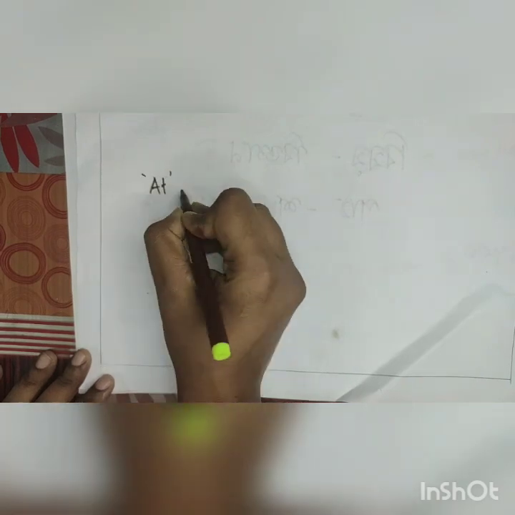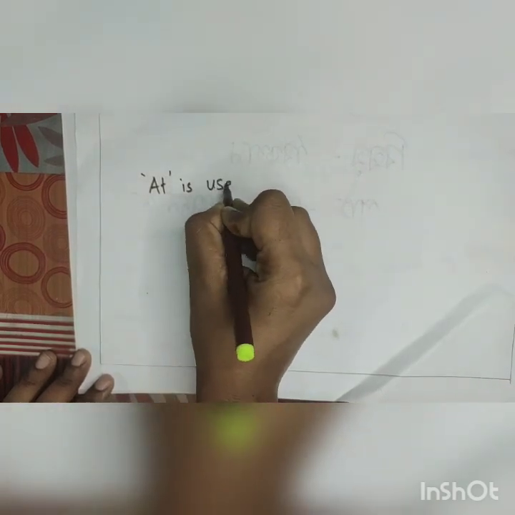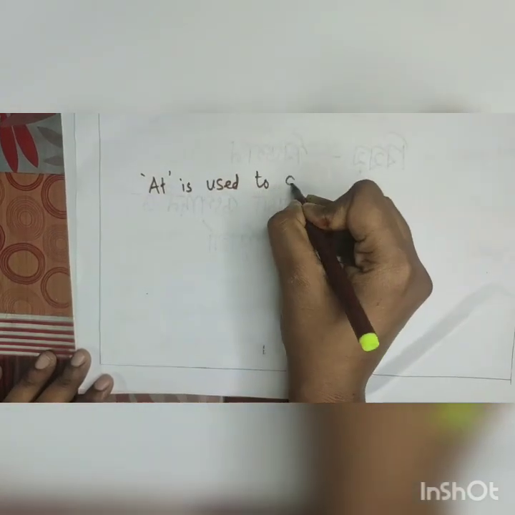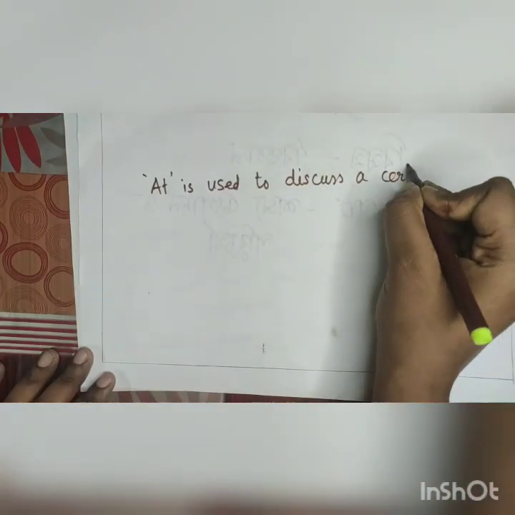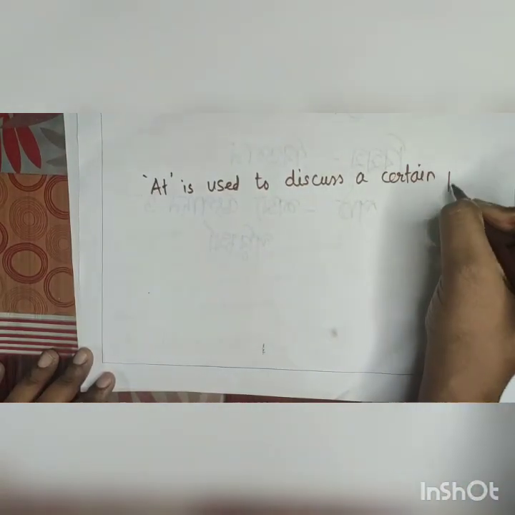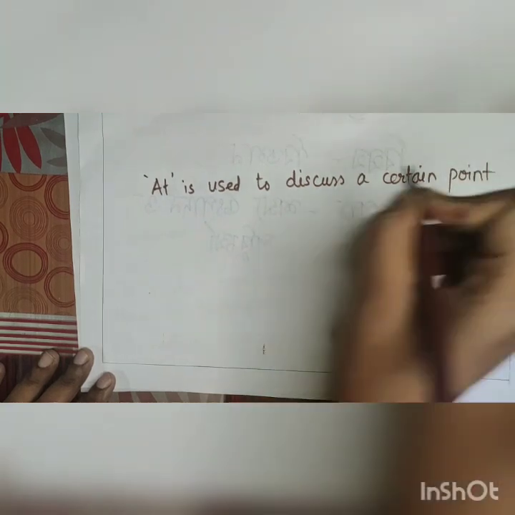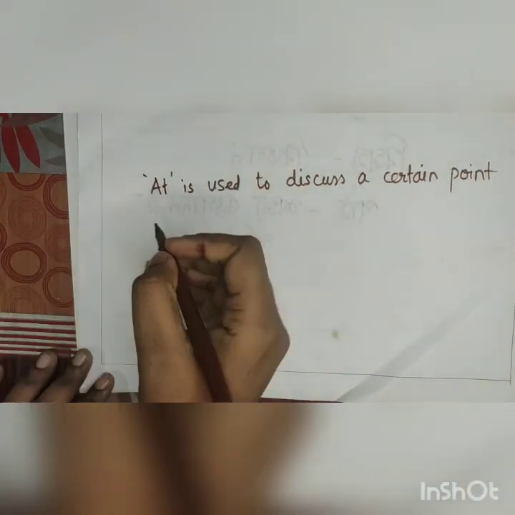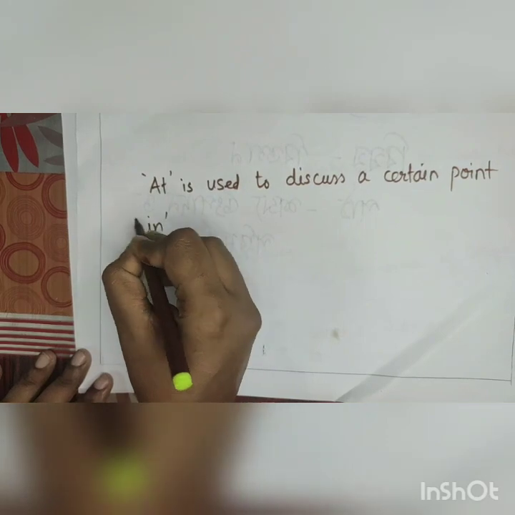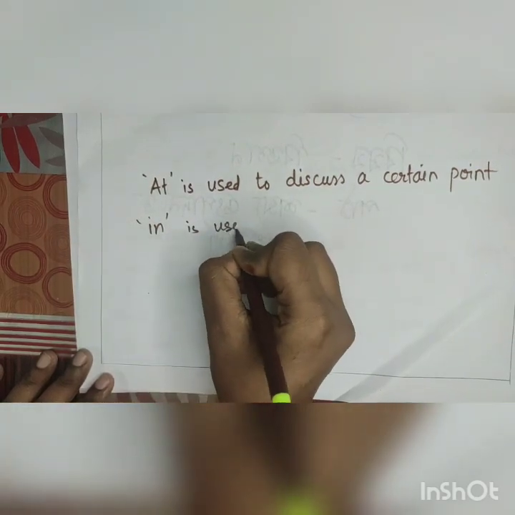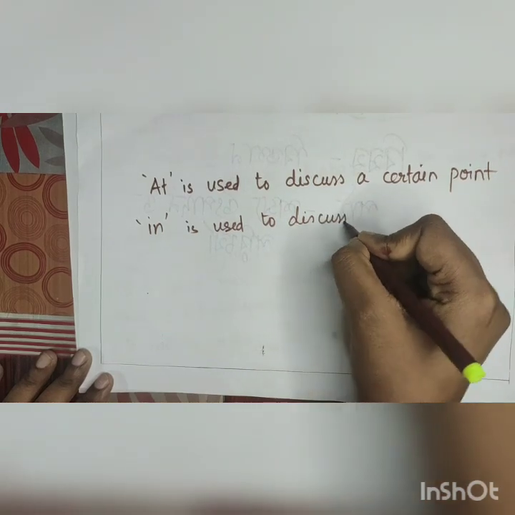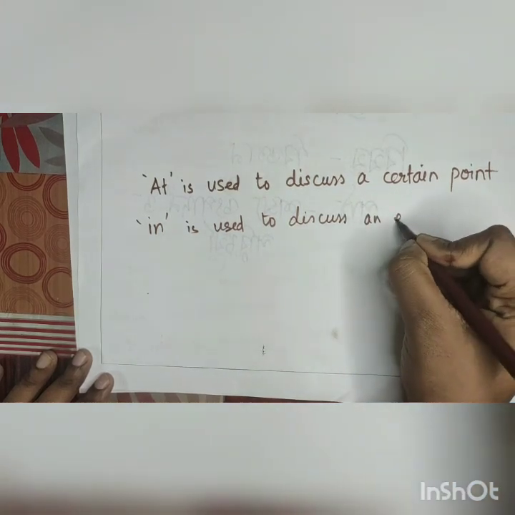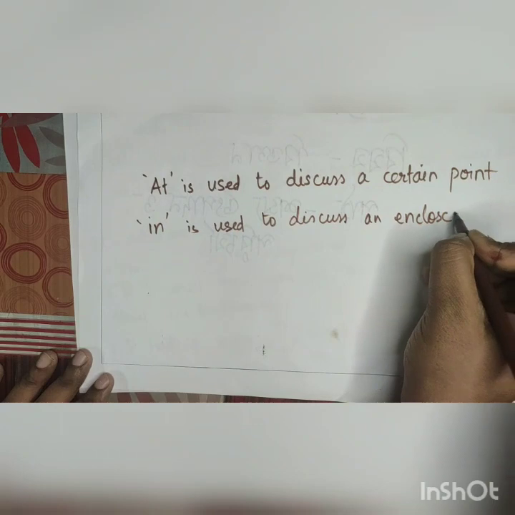"At" is used to discuss a certain point, the exact location of something. "In" is used to discuss an enclosed space.